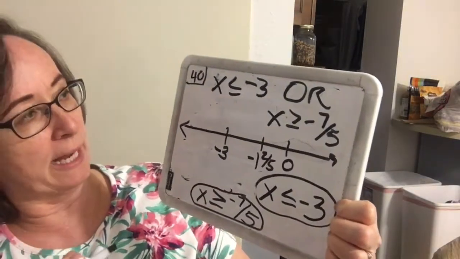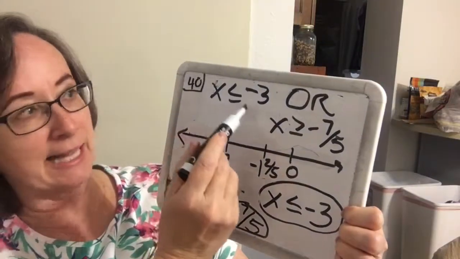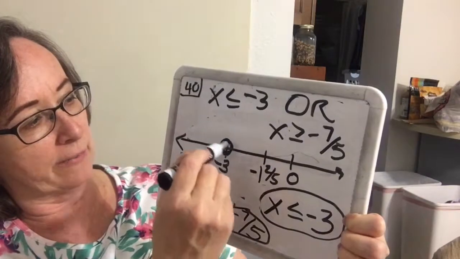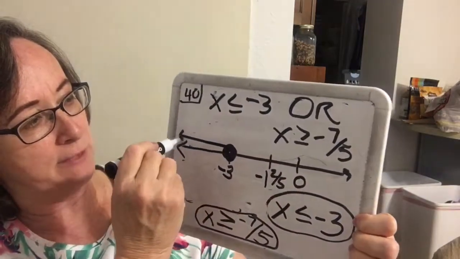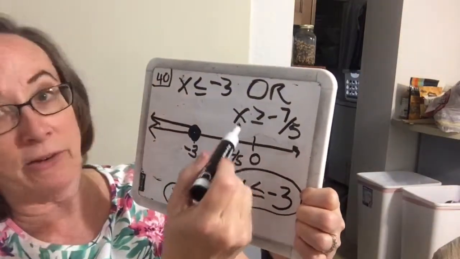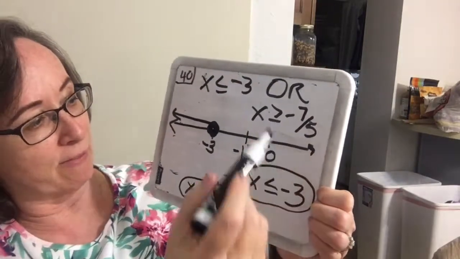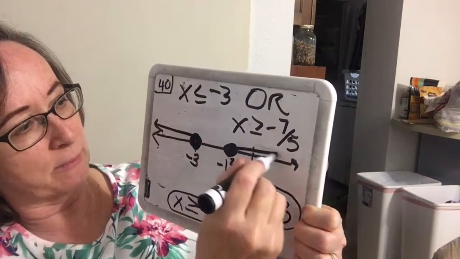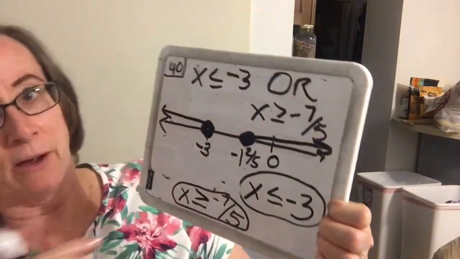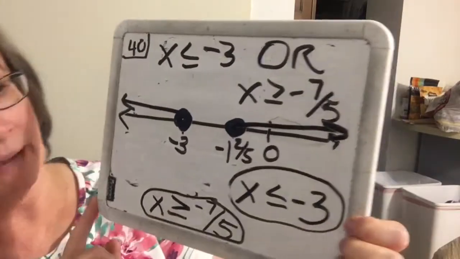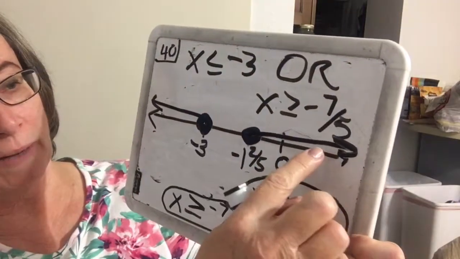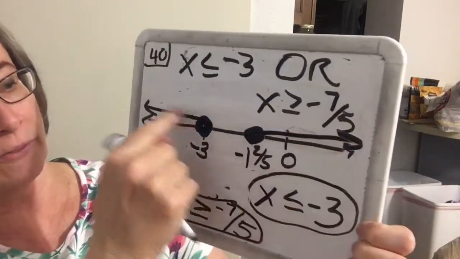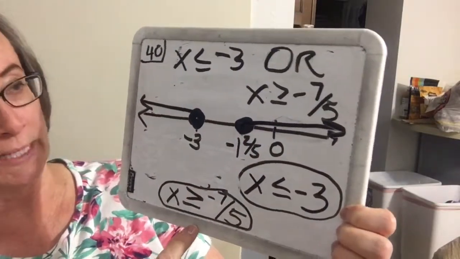Now we have x is less than or equal to -3, which is a darkened circle on the -3, moving to the left. And then x is greater than or equal to -7/5, which is going this way. So here's what we have now. It's moving off in both directions like I showed you. There's nothing in between here. It's all going to the left and to the right of the two special points that we had.